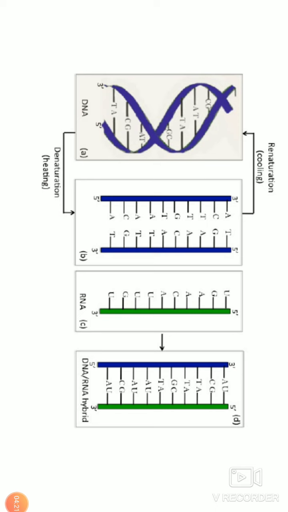In this step, if you add the probe which contains exactly the complementary sequence to the strand you are looking for from the 5 prime end, then there is binding. This probe has been wonderfully utilized, and a lot of techniques have been developed. This probe can be a DNA probe, or it can be an RNA probe.